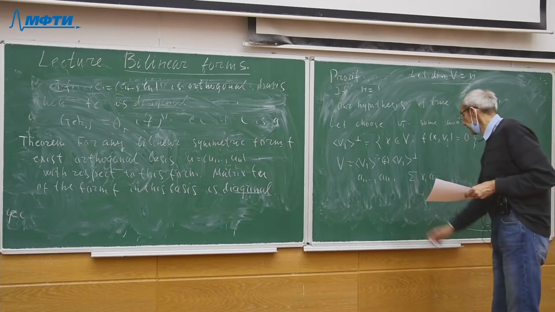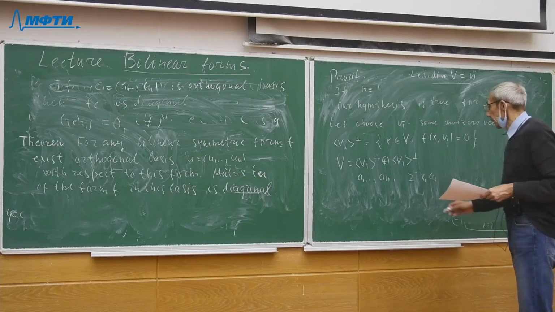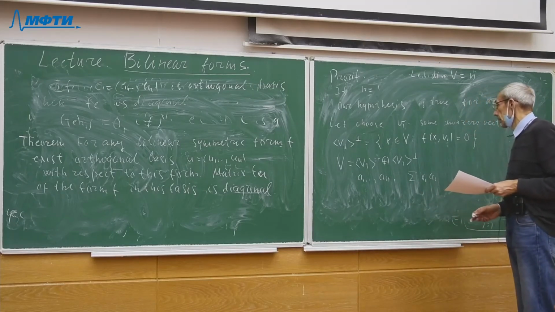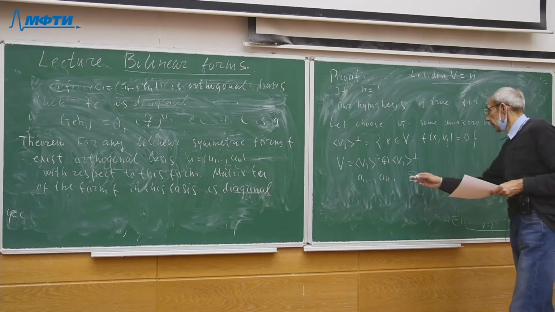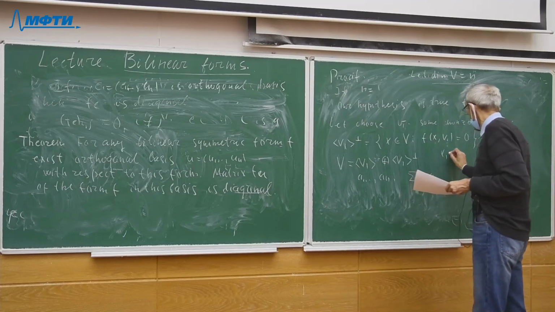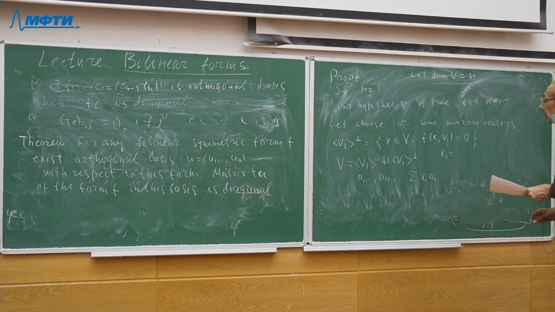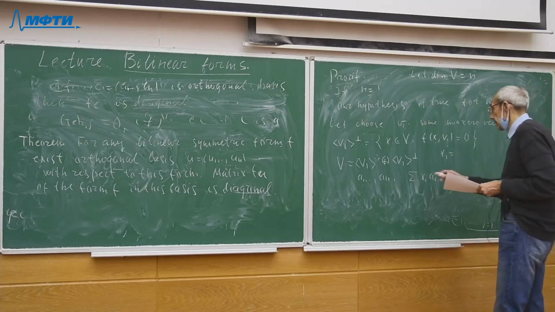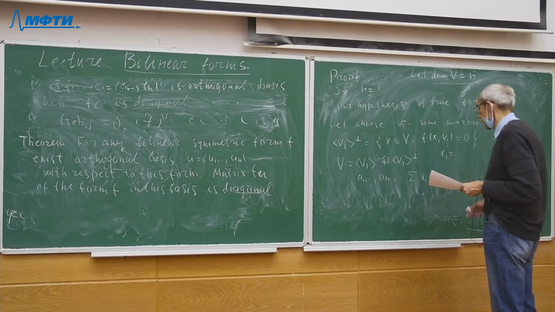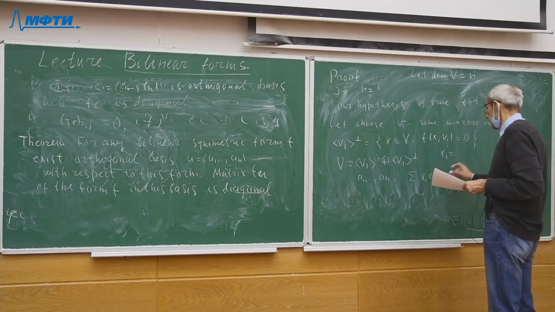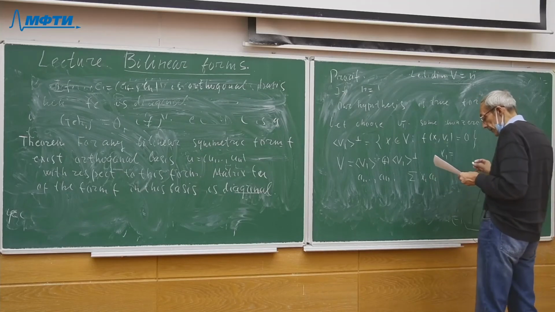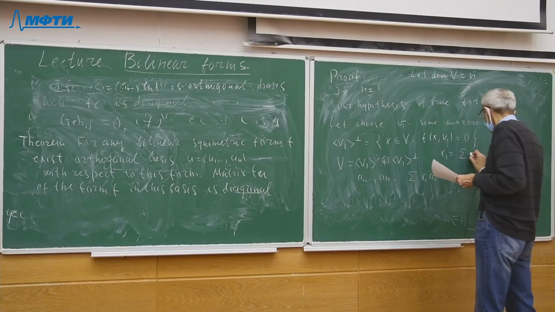And the vector v1 can be rewritten as a linear combination of these vectors vi.